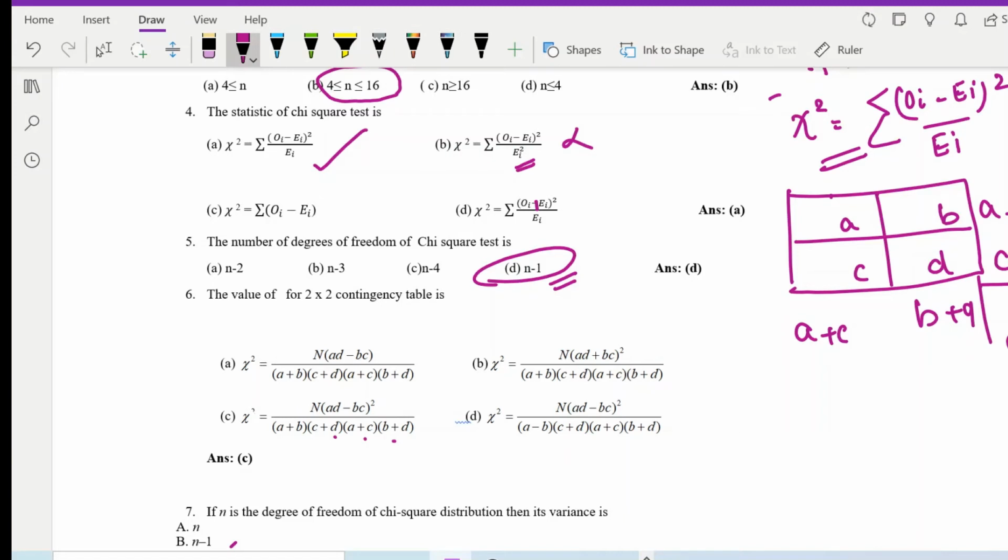The chi-square value is N into AD minus BC the whole square, divided by A plus B, C plus D, A plus C and B plus D. Here in the slide, the square is missing, the plus is not correct, and A minus B is denoted, so this is not correct. The correct formula is N into AD minus BC the whole square divided by A plus B, C plus D, A plus C and B plus D.